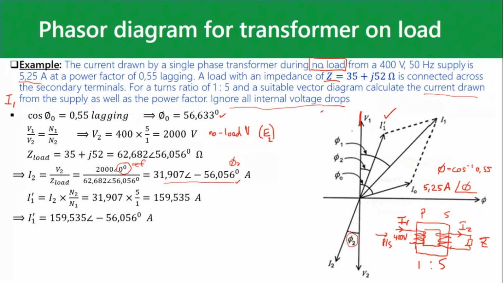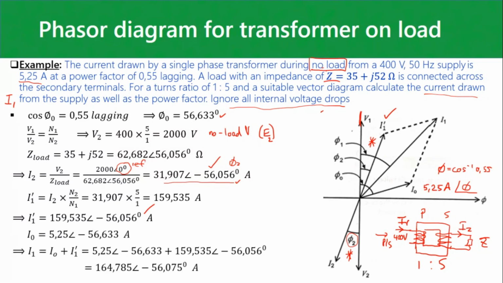So this angle here is the same as that angle there. So we know what I0 is, and we know what I1 prime is. And they add them. That's now our primary current when you unload.